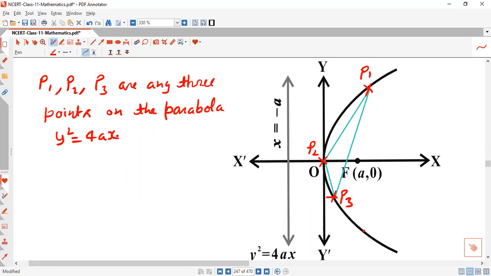Now I find out the area between these 3 points. They are forming a triangle, and the area they are making, we say, is delta 1. This triangle has the area delta 1. Now I would like to draw the tangents at these 3 points.